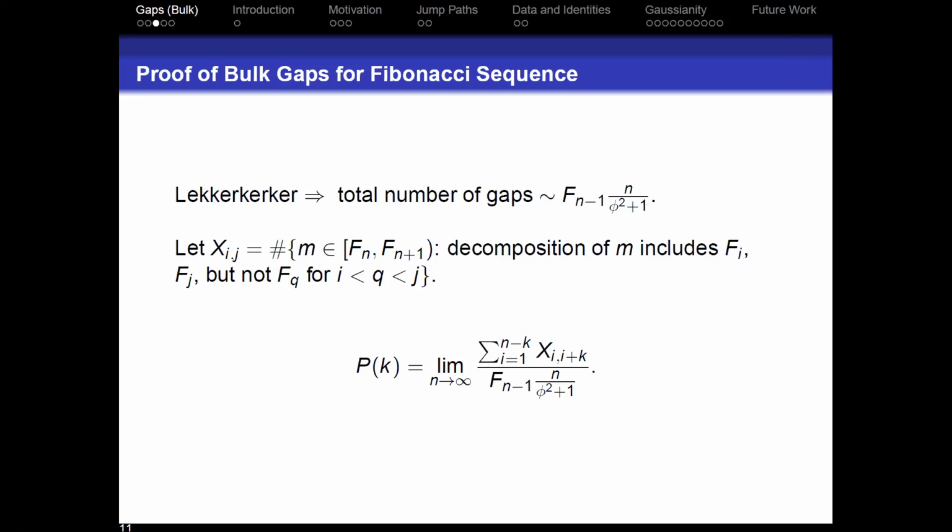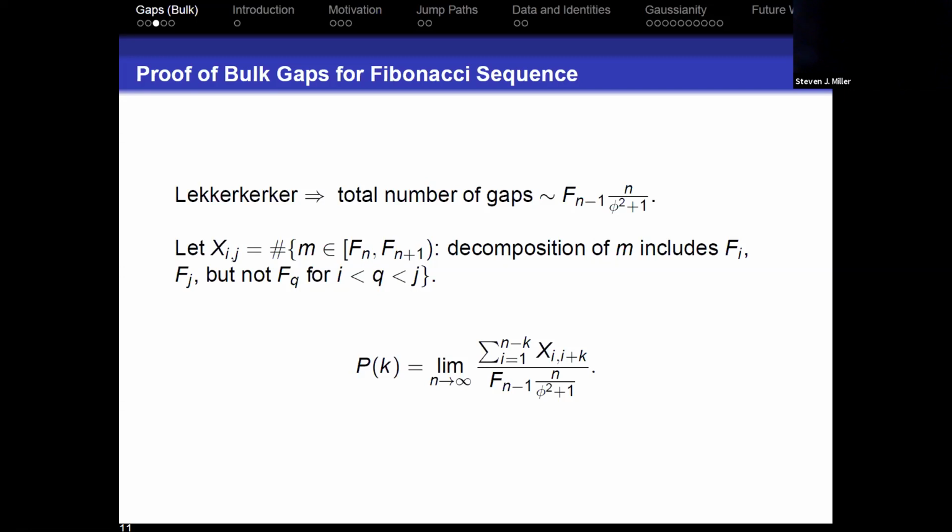Because if you want to have a gap k, the largest you can get is n minus k, and the second would be Fn. So it couldn't go any further. Right. Well, I could actually have it go all the way up to n, but I would just have those values of X i, i plus k be 0 once i is larger than n minus k. So I might as well not include them.